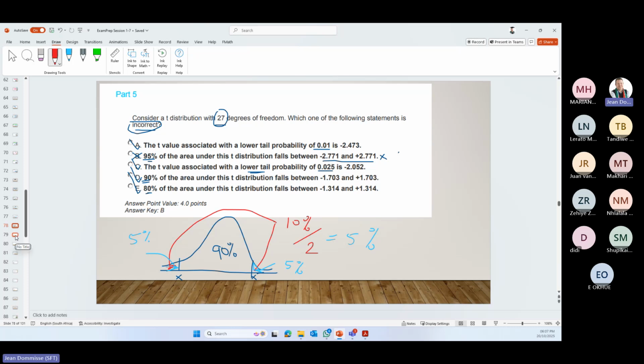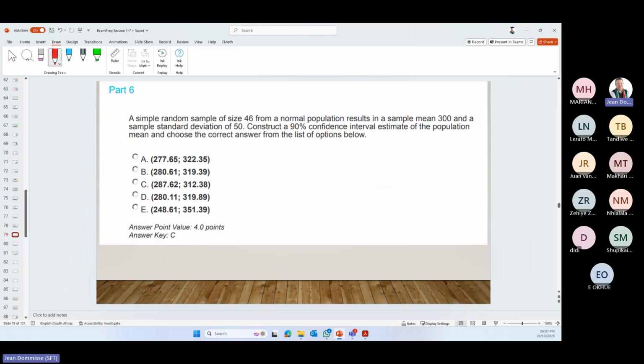So let's look at what we have here. Again, let's see if it is Z or T. Is it known, or is it a sample that it is unknown? So let's see in the wording.